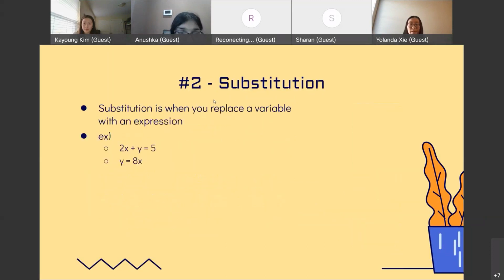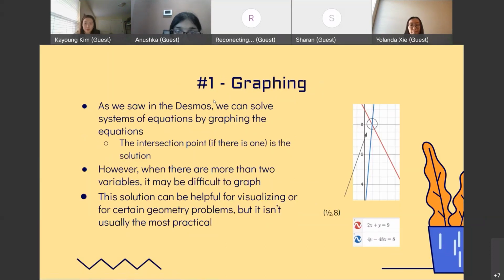It also makes it easy to see that there might be no solution if the two lines are parallel, or infinite solutions if the two lines are the same. But usually this takes a long time and it's not that helpful for a math competition. If you're in MathCounts or something, it would probably be much quicker and easier to do it algebraically, unless it's a geometry problem.